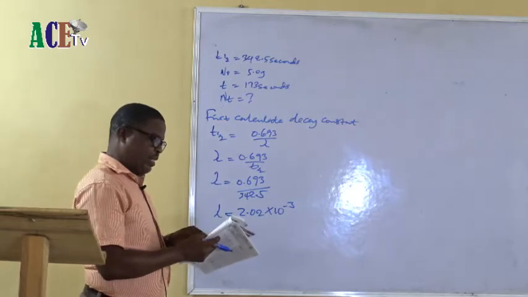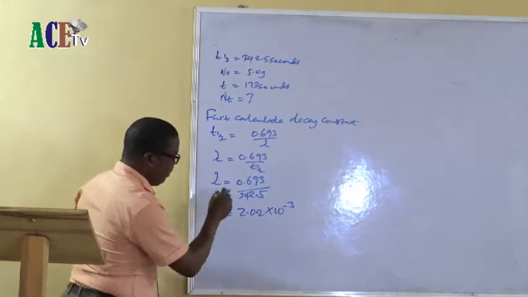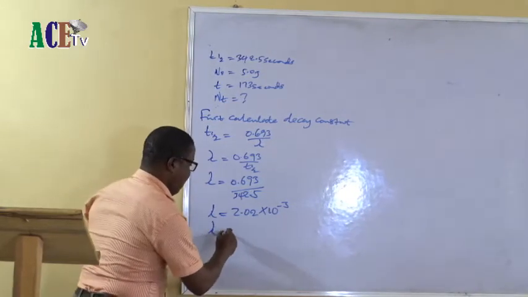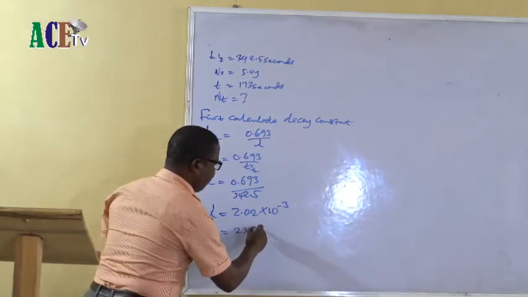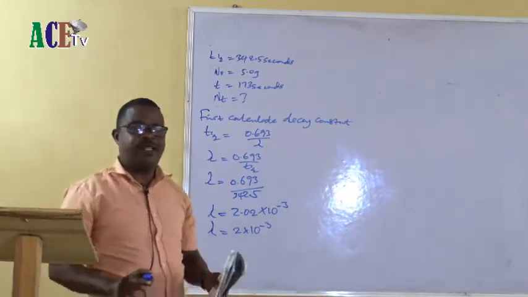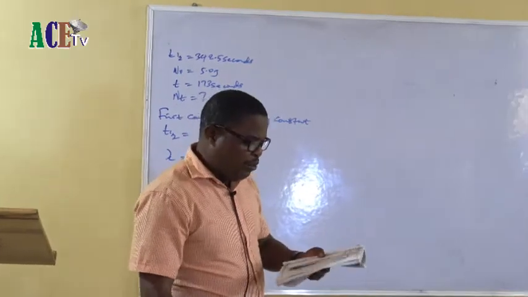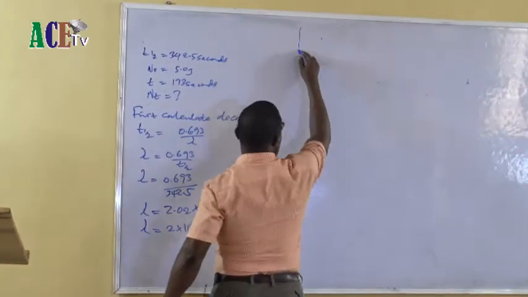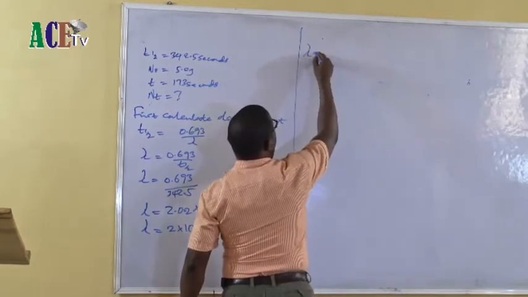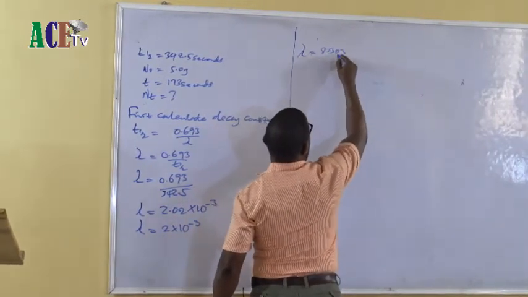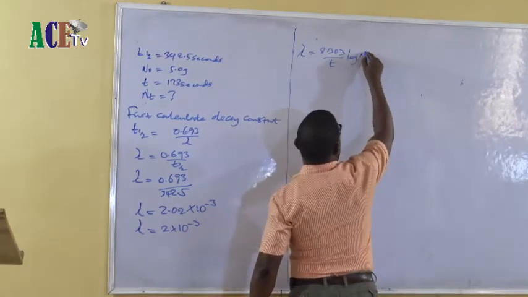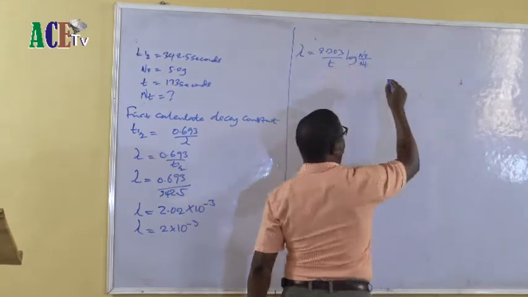I am taking the lambda to be approximately 2 times 10 raised to power minus 3. So after calculating the lambda, we make use of lambda equals 2.303 all over t log of N0 all over Nt.